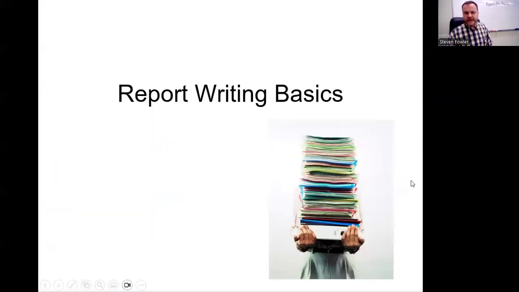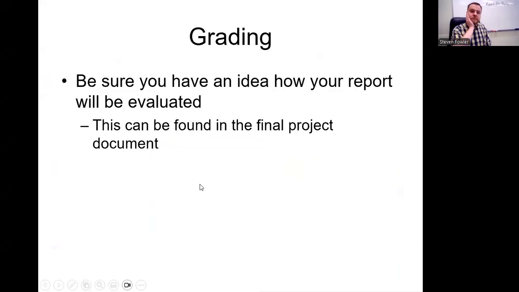The basics of putting together and writing a report, things we need to know and think about. Again, be sure you've looked at the final project document so you have an idea how the reports are going to get graded, and you know roughly what I'm looking for. Essentially, a D or an F report is one that doesn't present a realistic solution.